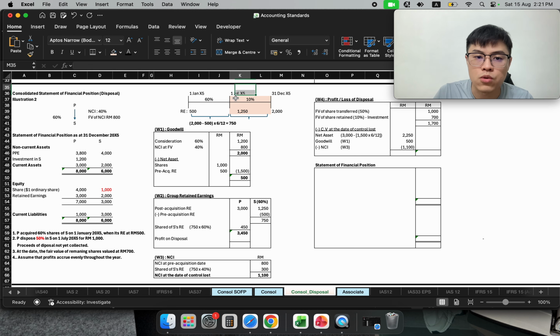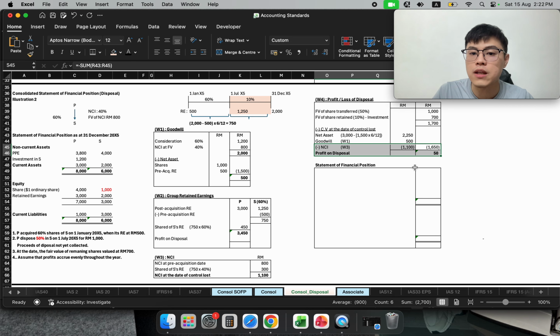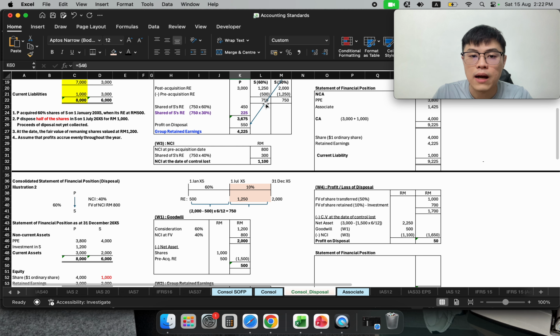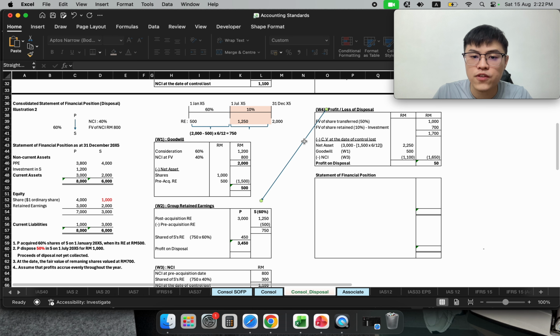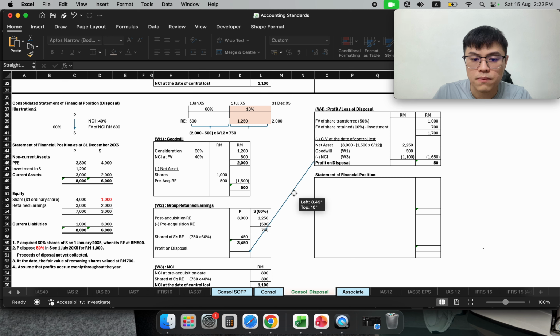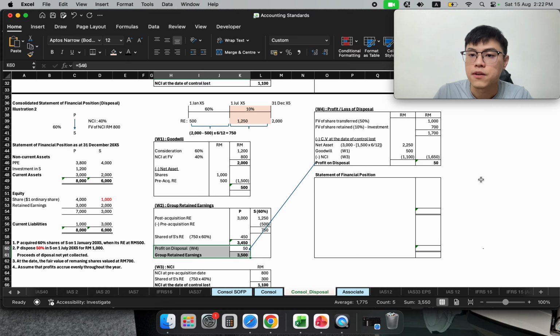We will move back to 1st of July when control was lost. So minus the 1,005 profit times 6 divided by 12 so that we can move it back to the 1st of July. Goodwill is part of my net asset, current carrying amount, and minus my NCI. And I will get profit on disposal. Same things, profit on disposal, you are going to transfer to your retained earning. And you will get your group retained earning.